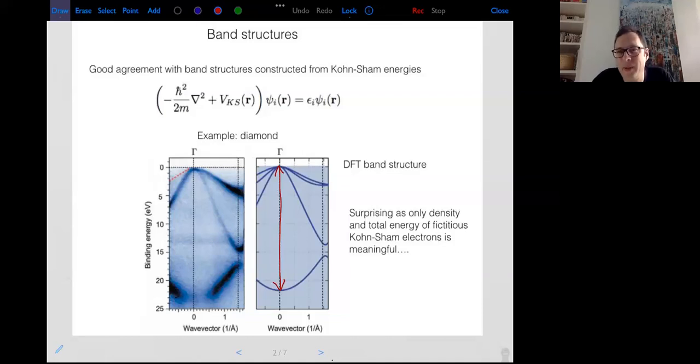We know, for example, that there's a so-called Koopmans' theorem in Hartree-Fock. In Hartree-Fock, the orbital energies actually have a meaning, in the sense that you can show that these eigenenergies can be related, within certain approximations, to quasi-particle energies.